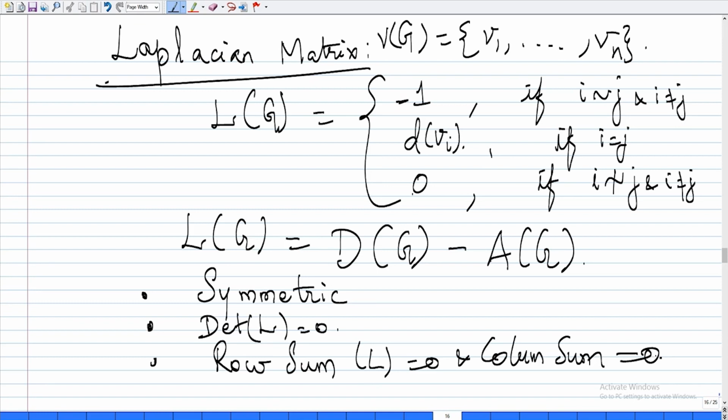So, any other thing, can we just pull it out from here? Trace is 2m. So, trace is nothing but twice the number of edges. Why is it 2m? Sum of the degrees is twice the number of edges, right.